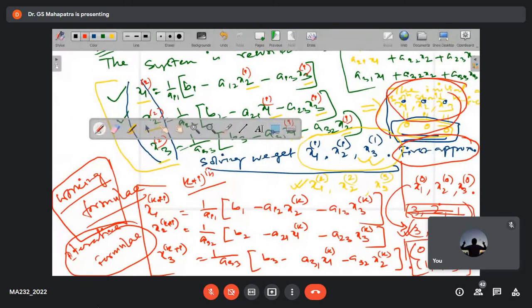That means, say your 5th iteration solution is 3.01, 2.1 and 1.1. The 6th iteration is also the same, 3.01, 2.1 and 1.1. Then you can stop.